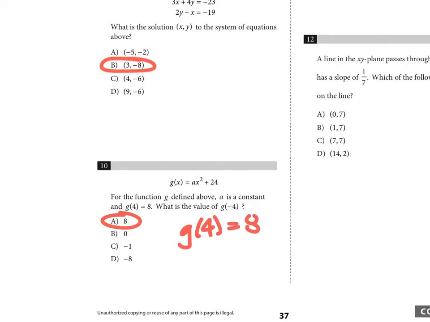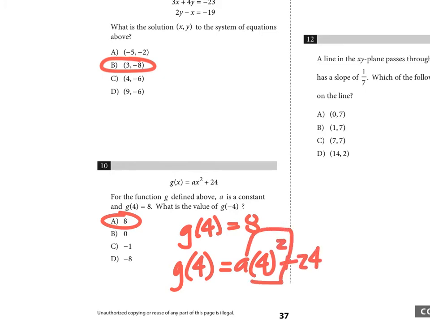If I plug in 4 into my function, a times 4 squared plus 24, what am I doing to my x value? I'm squaring it. What happens when you square a number? It's always going to be positive. If I take 4 squared, I'm going to get 16. If I take negative 4 and square it, I'm also going to get 16.